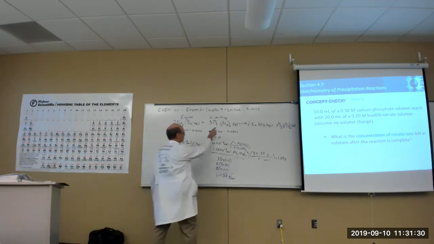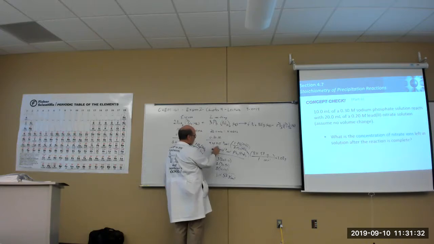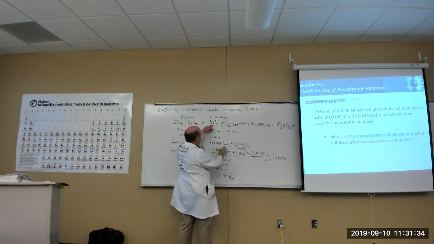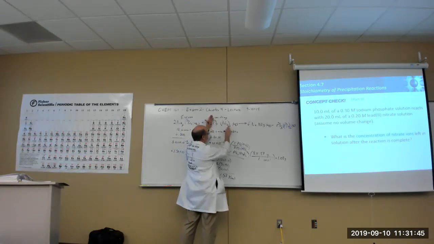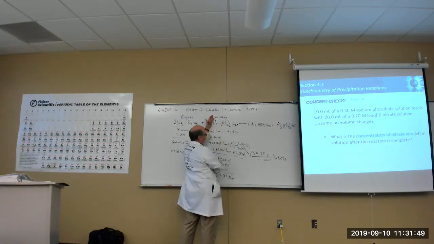Then you can calculate the concentration. So here's the nitrate. You got this many moles of that compound. So how many moles of nitrate do you have? You have twice as many, right? For that compound, for every 1 mole of this, you got 2 moles of that.